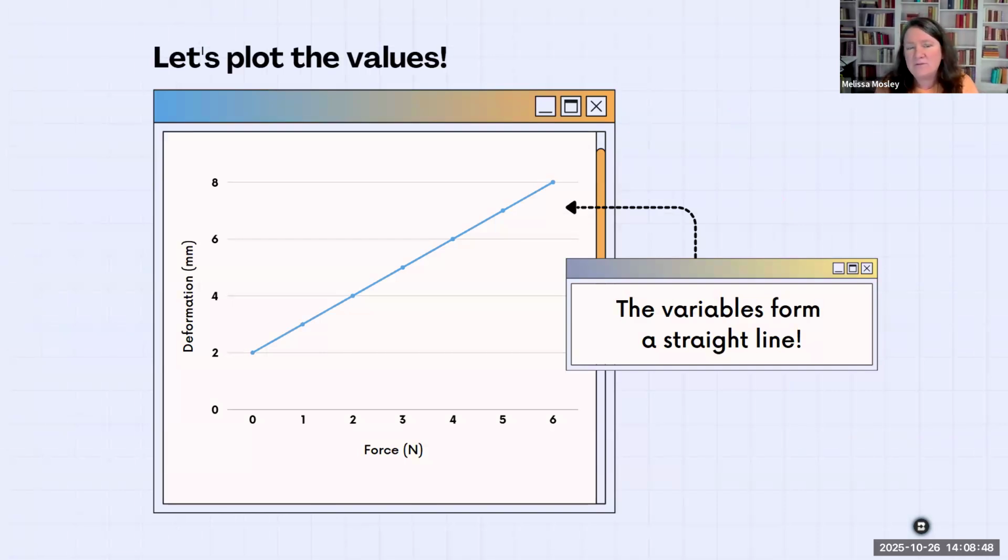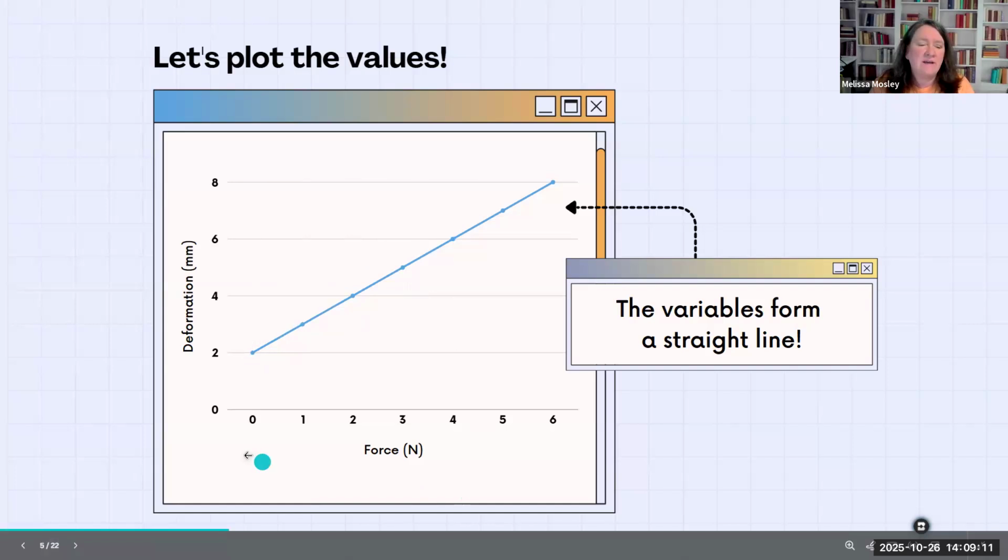Let's plot those values. So we have the variables that are plotted: 0, 2. You see you have 1, 3, 2, 4, and so on.